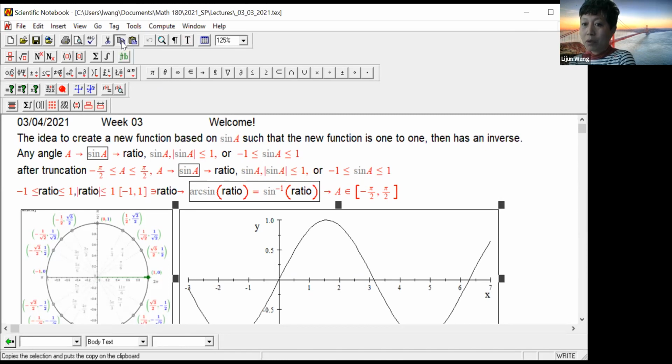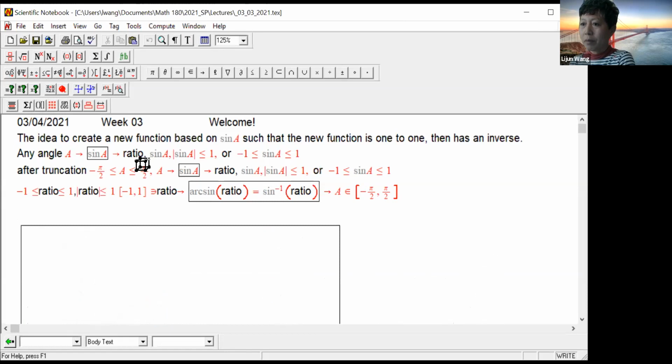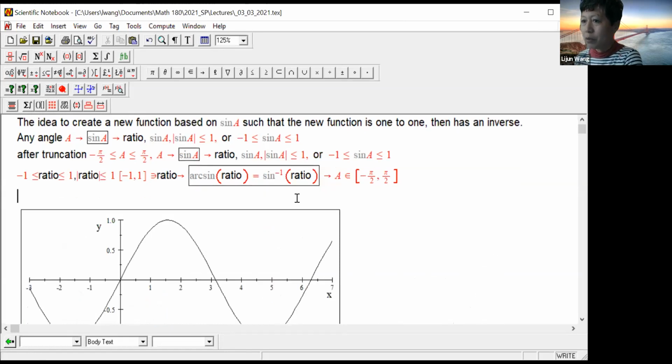We are actually going to create the graph. I want you to do this with me, because I believe that most of you have probably never done this before.